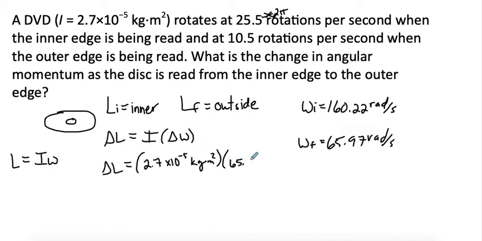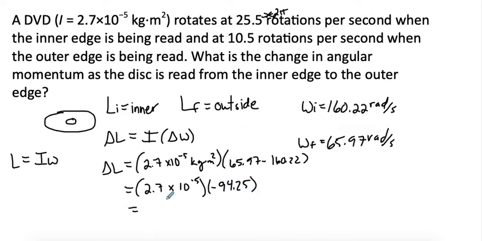So 65.97 minus 160.22. We're going to put this in our calculator, and we'll save the units for the end here. So putting this in your calculator, you get negative 94.25.